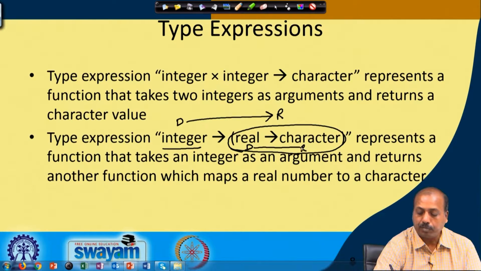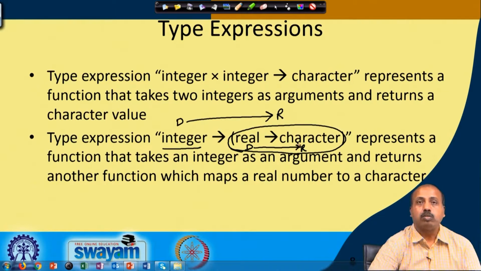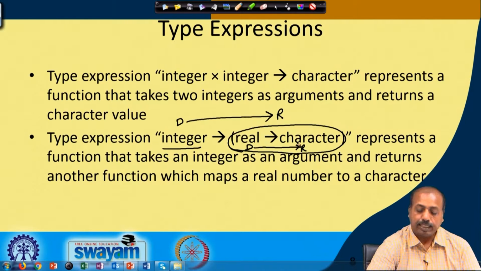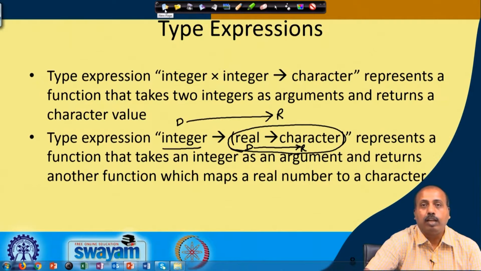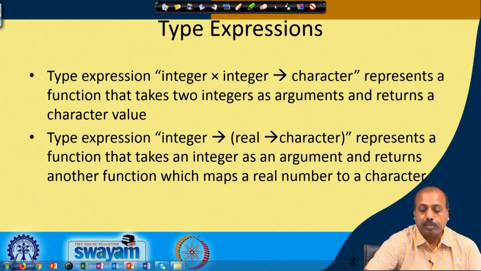So, it is mapping from D to R. That way you can say that this return type is also a function. So, from domain D integer, it is returning a function which can take a real argument and return a character value as the answer. So, this way we can have these function pointers also associated with certain types.